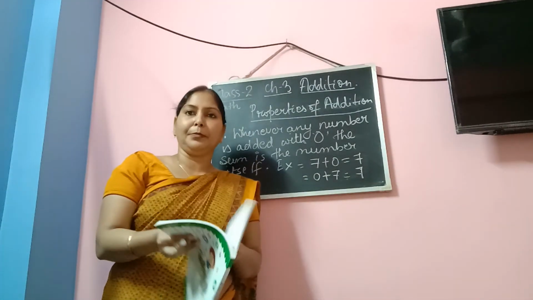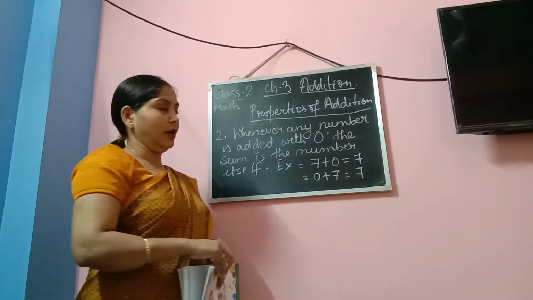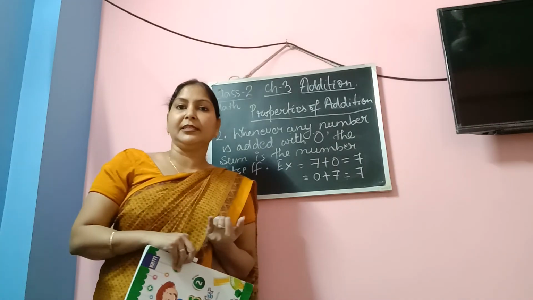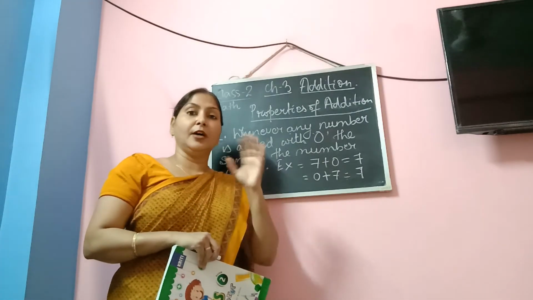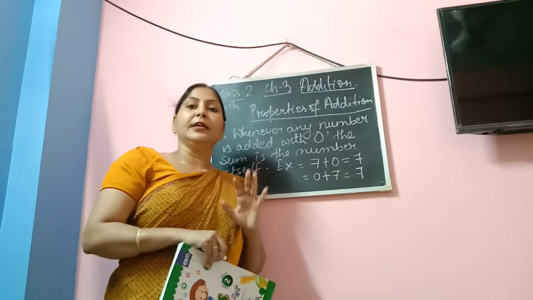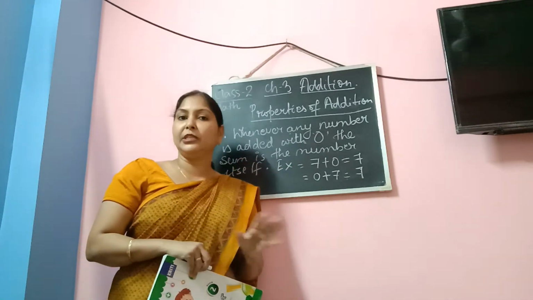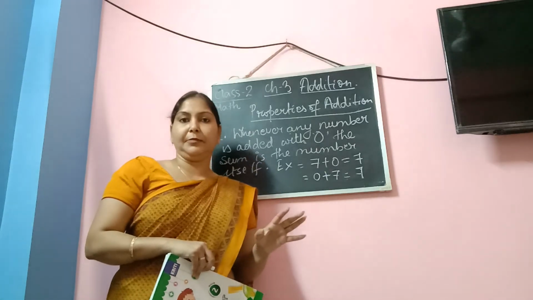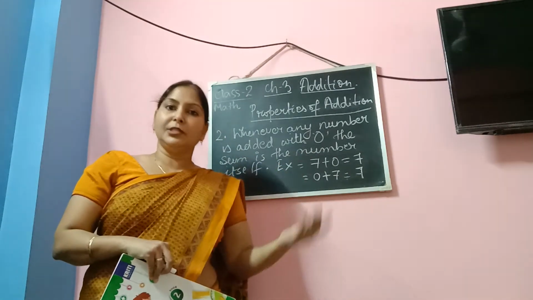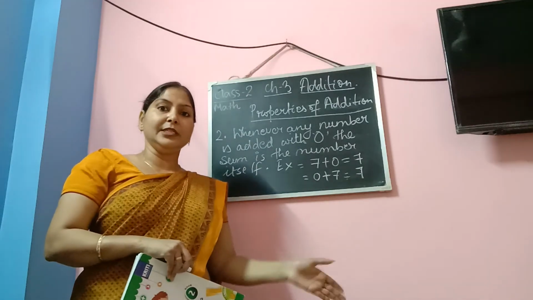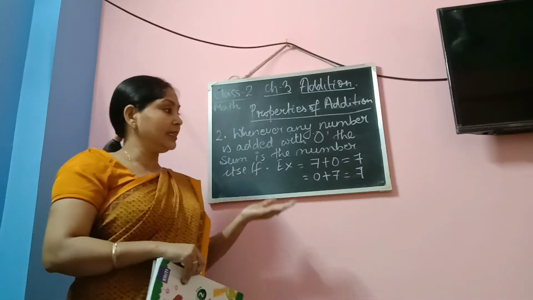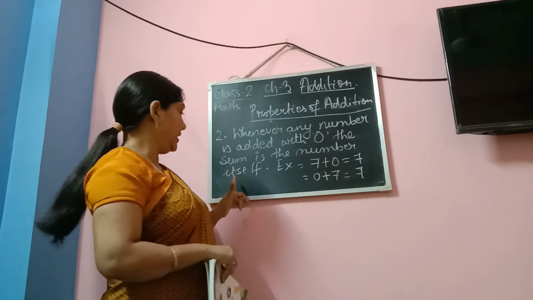So these are the two properties of addition which we have to learn in this class. The first property says that whenever the order of the numbers is changed in addition, the sum remains the same. There is no change in the sum. And the second property says whenever any number is added with 0 or 0 is added with any number, then the sum is the number itself.